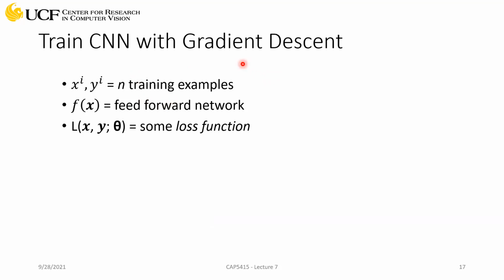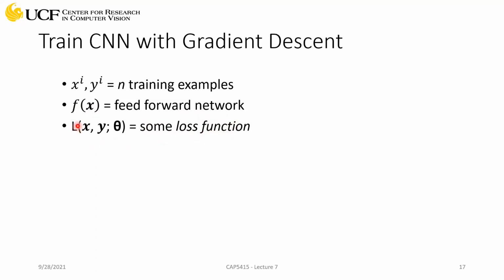Okay, so what happens is in a CNN you have n training examples, Xi, and then you have corresponding labels which say, let's say it's classification, which class is present, and then you have your network. Let's say a feed forward network, or it could be a CNN. We define that using f, and that function f, or that network f, will take x as input, and then you will have some loss function which will tell you at any point of time how good your network is doing.